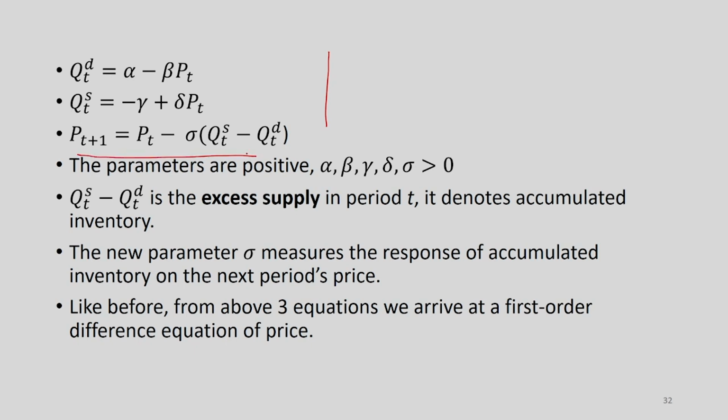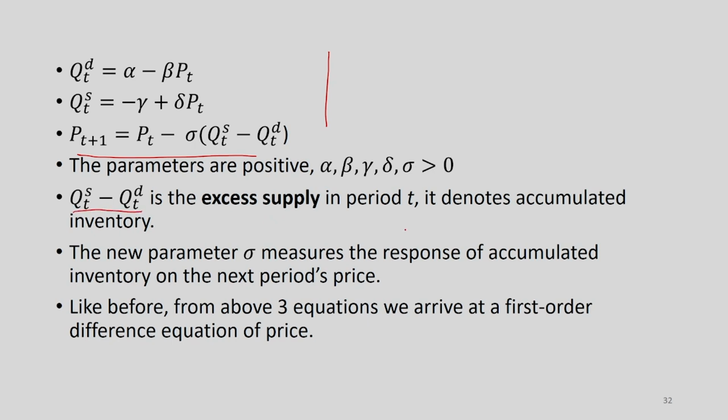You do not have market clearance in each period, but what you have is adjustment of the price, and presumably this adjustment is done by the producers. So, P(t+1) is equal to P(t) minus sigma of Qs(t) minus Qd(t). The parameters are all positive, alpha, beta, gamma, delta, sigma. Qs(t) minus Qd(t) is the excess supply in period t.